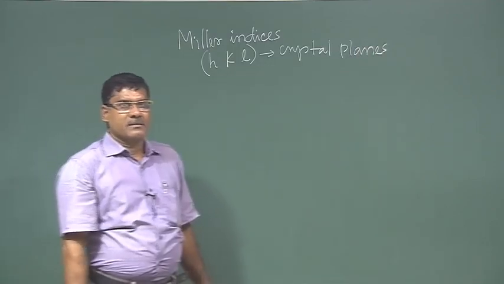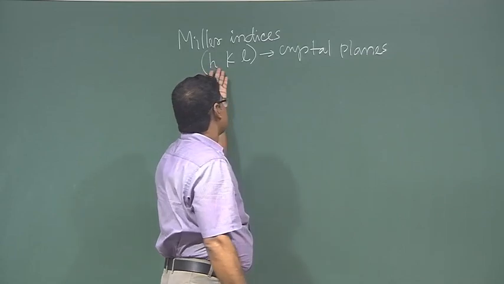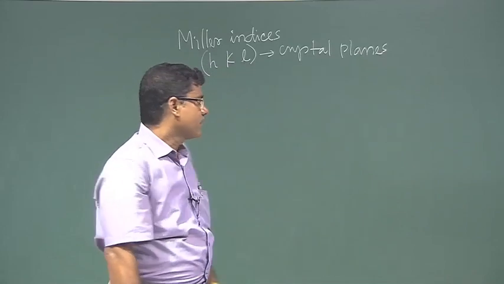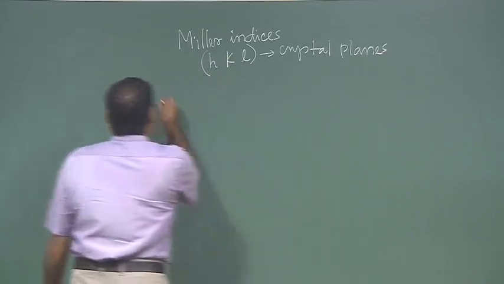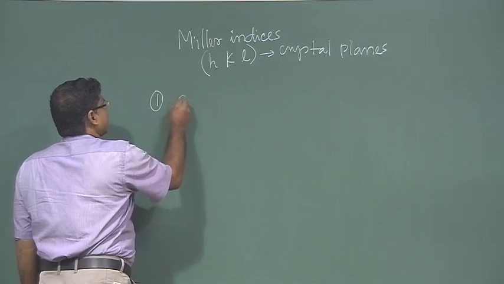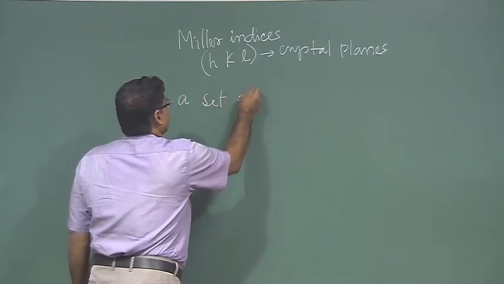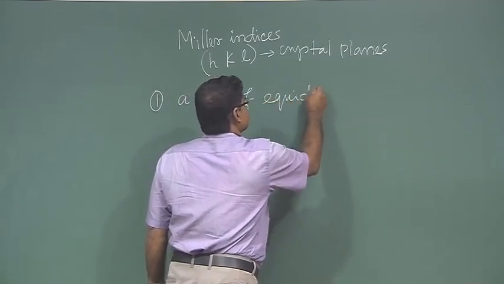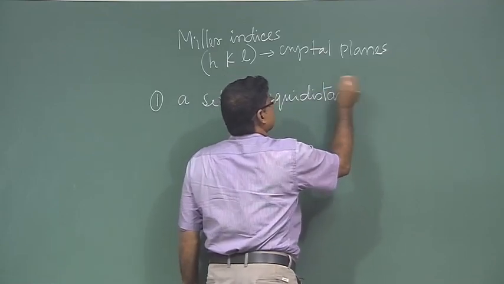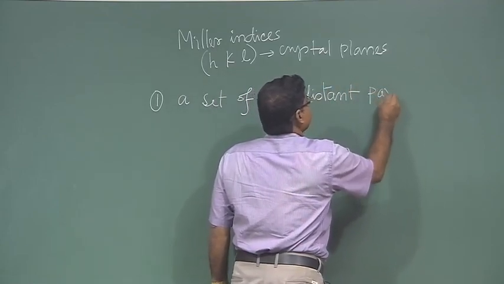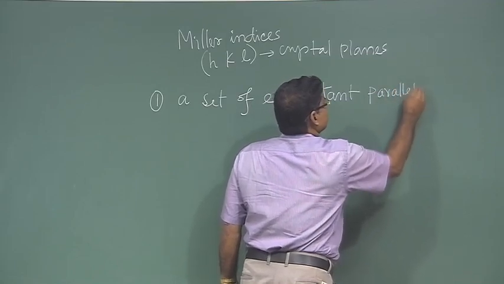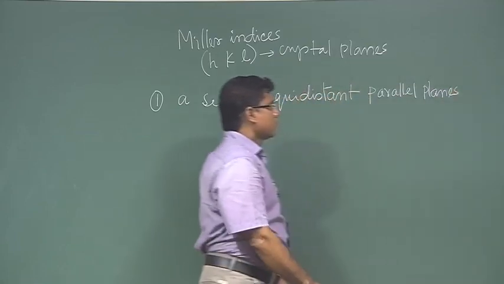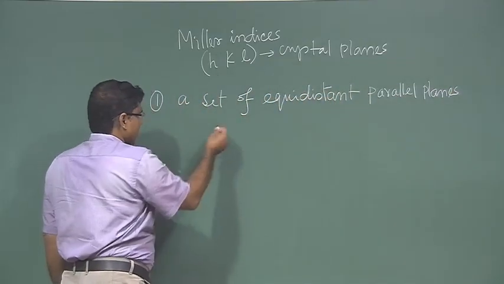So, as I mentioned, h k l which we represent for a plane, basically represents a set of equidistant parallel planes.